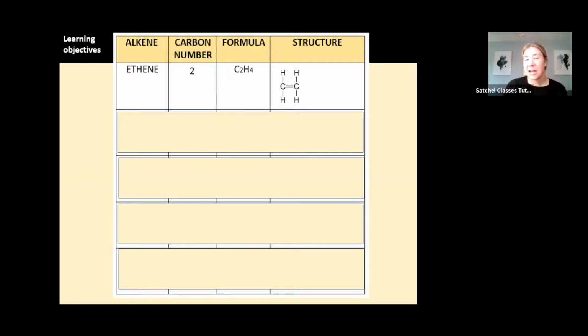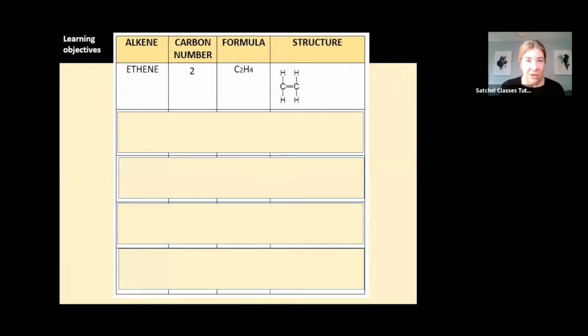There is no such thing as methane because we know that we need a double bond. So you can't have just one carbon. Okay, so methane doesn't actually exist. What I'm going to suggest is that you pause this video then and have a go at completing this table or writing it up in your notes before we go through the answers.